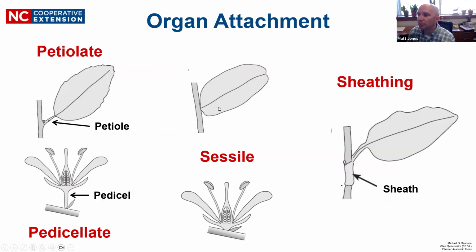But if you come across a description of a leaf or flower as being sessile, sessile just means directly attached. In other words, the petiole or pedicel is so short that it looks like the leaf or flower is attached directly to the stem. Some leaves are sheathing, like in grasses, for example, so the leaf tissue wraps around the stem, and that's called a sheathing leaf.